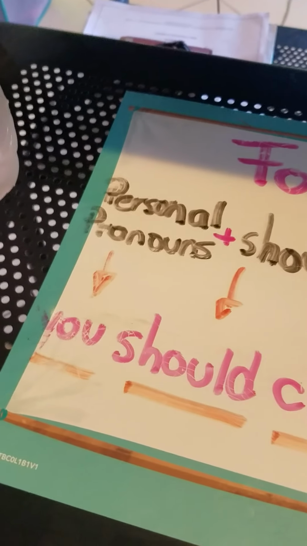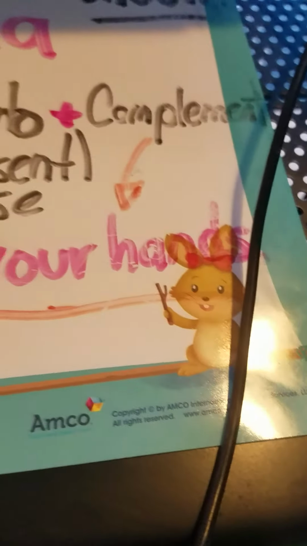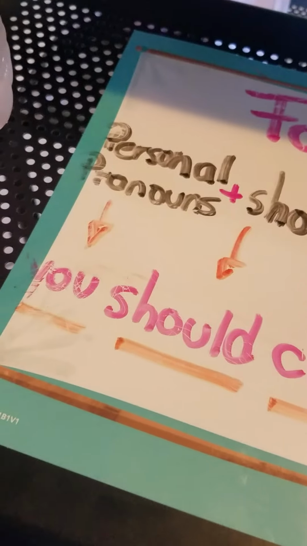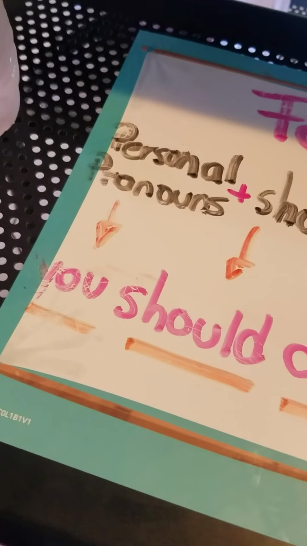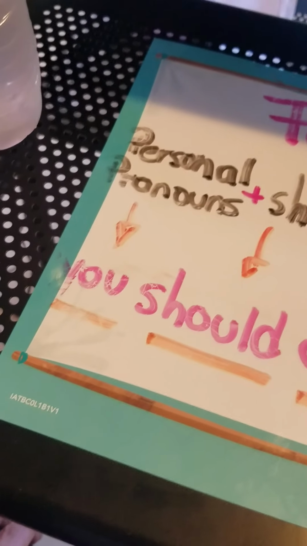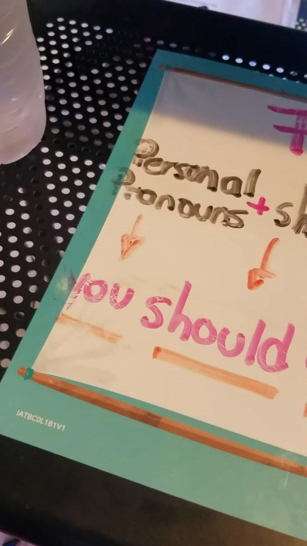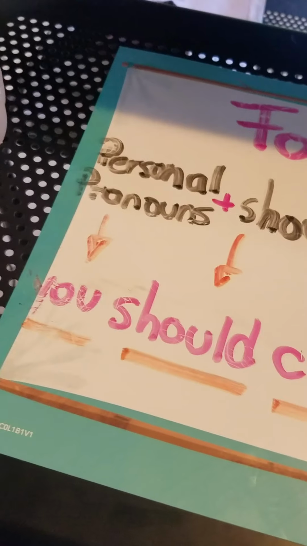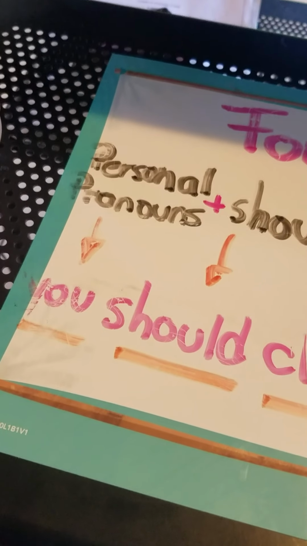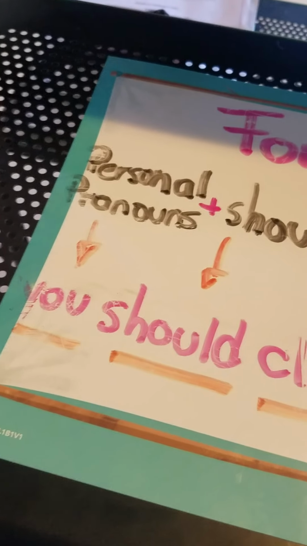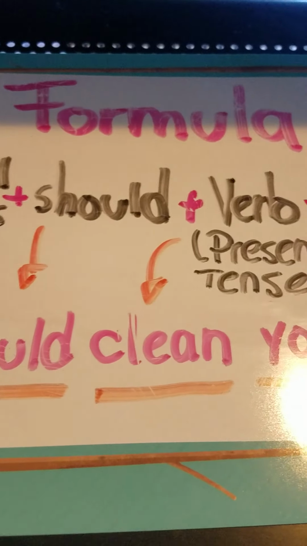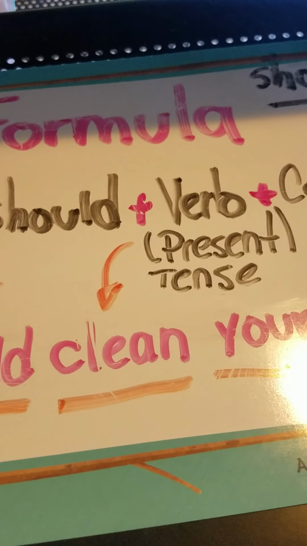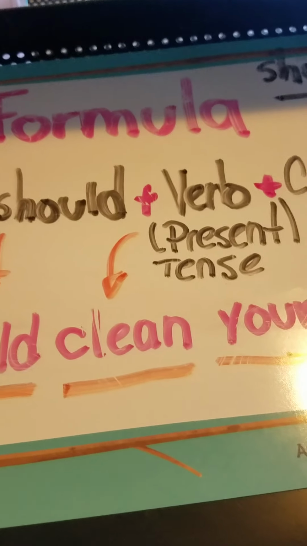Personal pronoun. In my example, in the first part of the sentence, I use the word you as a personal pronoun, right? You can use he, she, it, we, they. It's up to you. In this case it's you, and then should. And then here, guys, we need an action word, or a verb.